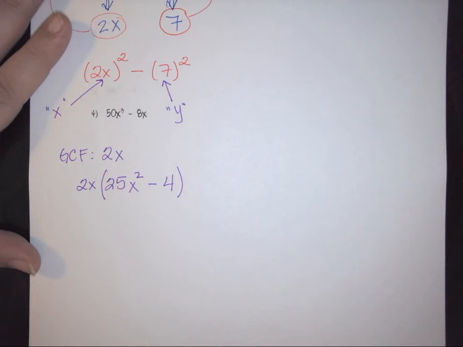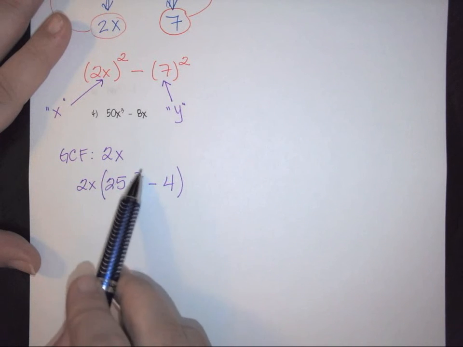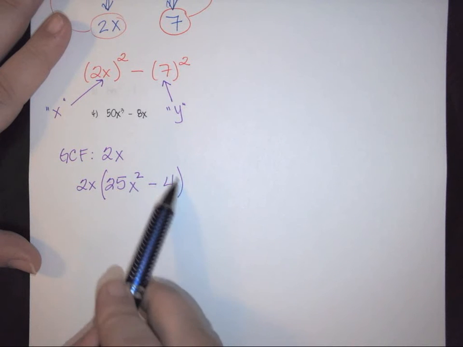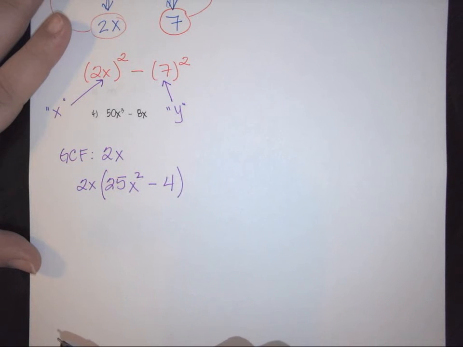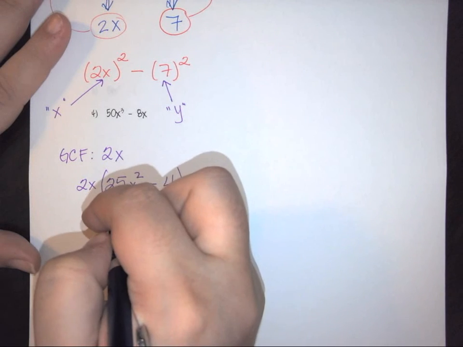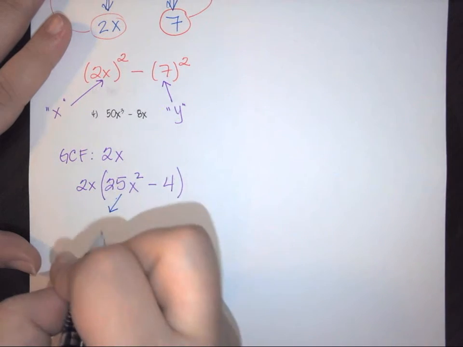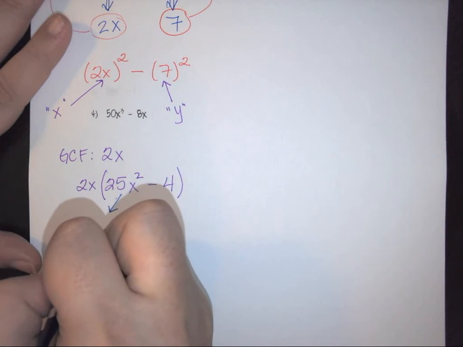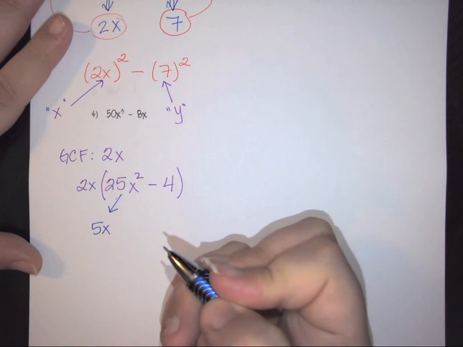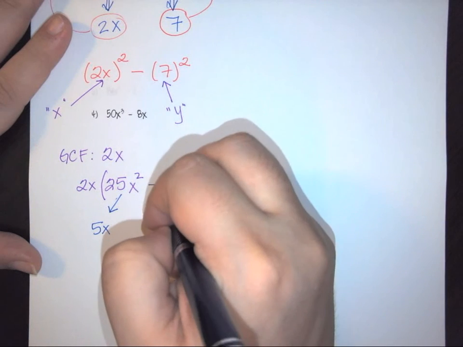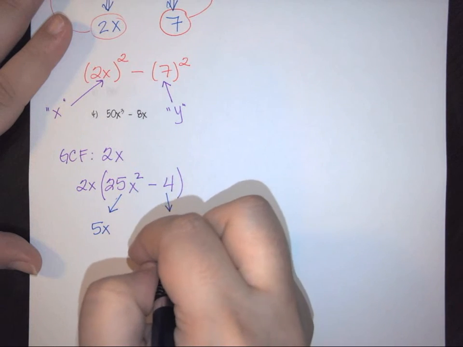Now, if you look, you can see clearly that this first part is a perfect square and the second part is a perfect square. So here, this is going to reduce down and become a 5x. And this is going to reduce down and become a 2.